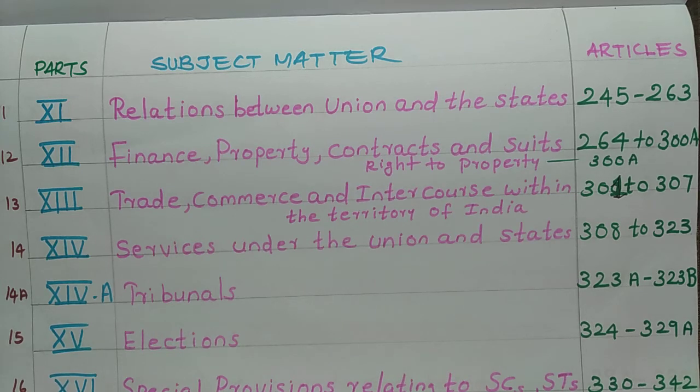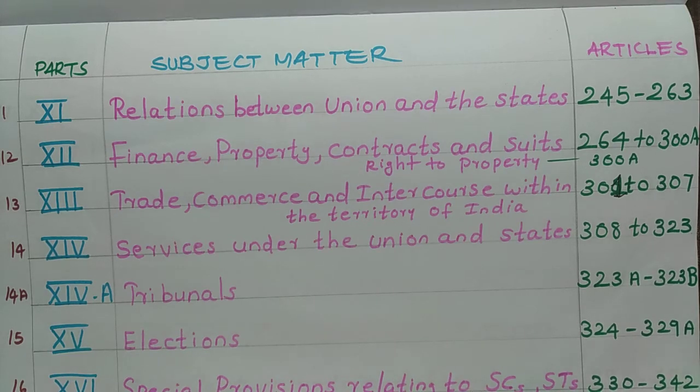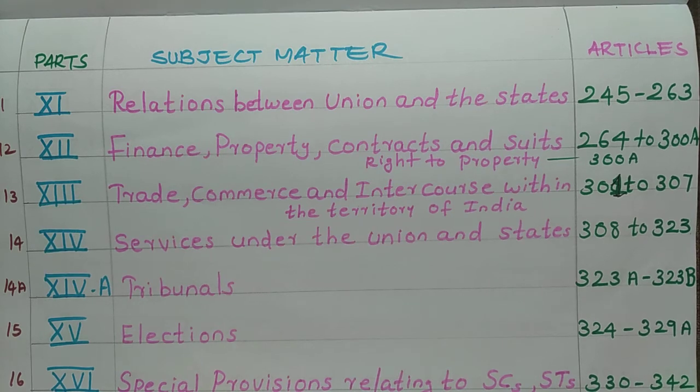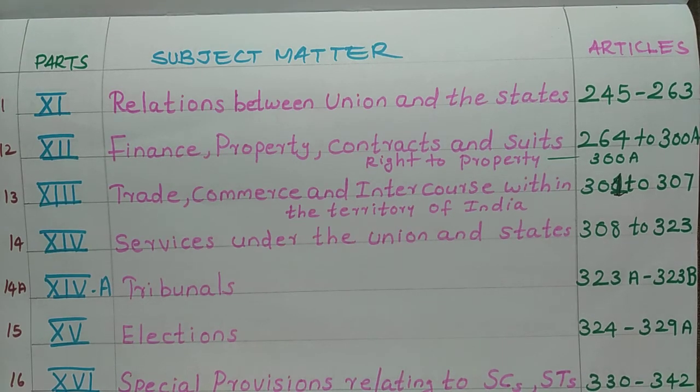Next one is Part 16, special provisions related to SCs, STs, OBCs and Anglo-Indians, and the articles are 330 to 342.